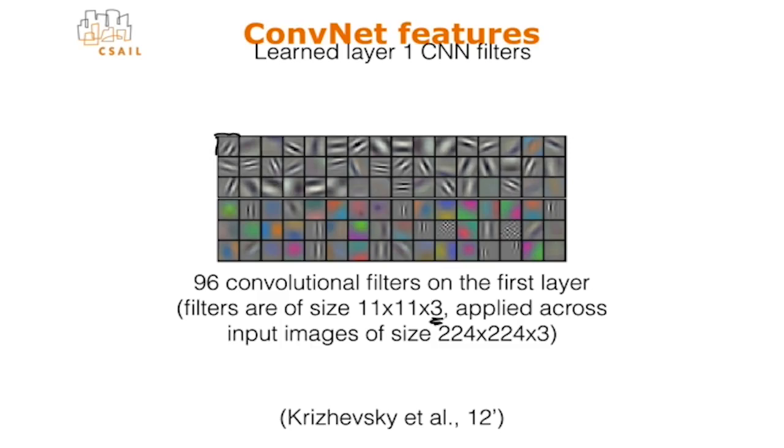But if you think of it as a square patch here, it's a little image, and that little image tells us what that filter would maximally respond to. So what kind of image would it like to see for it to activate the corresponding location in the feature map? You can see that there are filters that look for edges of various different kinds, horizontal and vertical ones, and then there are some color units and so on.